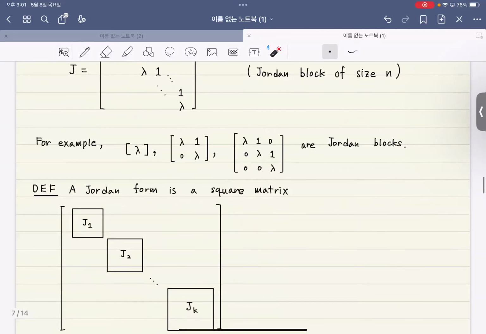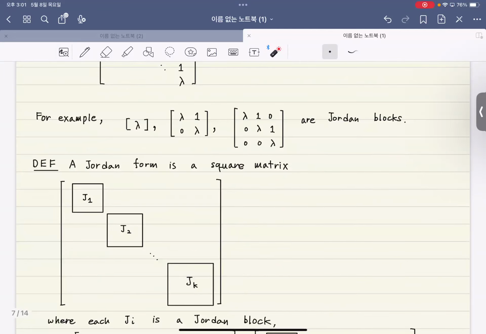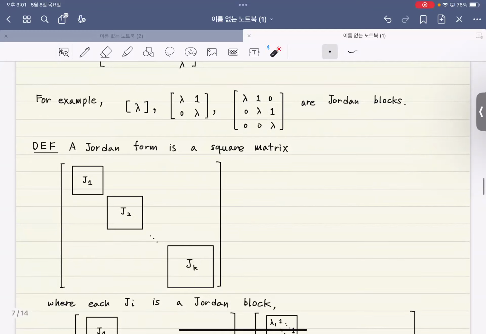Now, a Jordan form is a square block diagonal matrix where each J_i is a Jordan block. Roughly speaking, a Jordan form is a square matrix consisting of Jordan blocks.